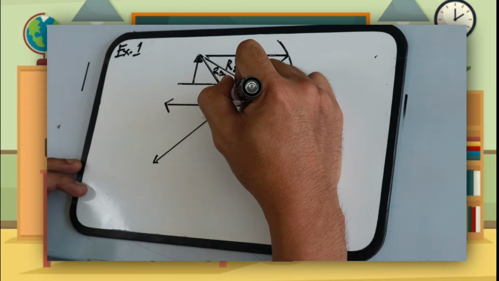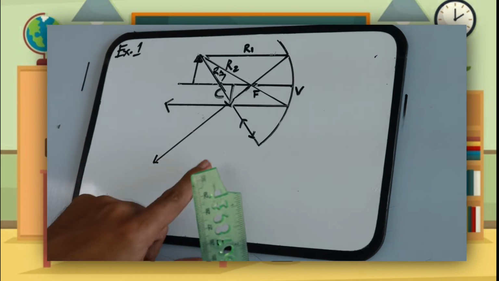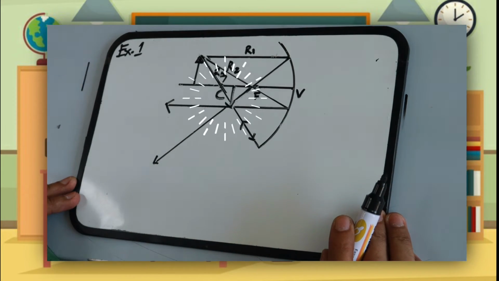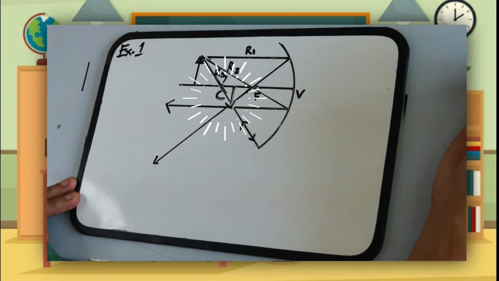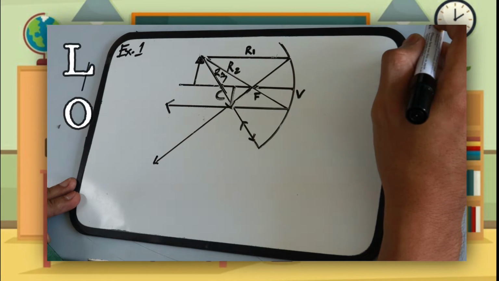There you go. The image of the object is located between C and F. But the question is, how are we going to describe this image? We will be using the acronym LOST.